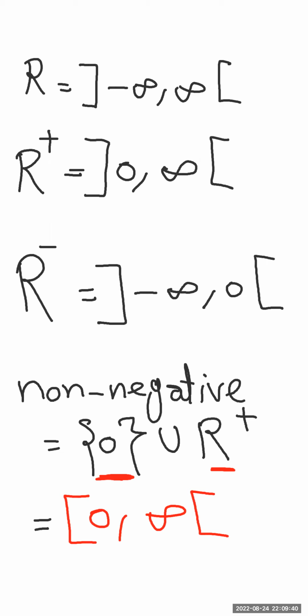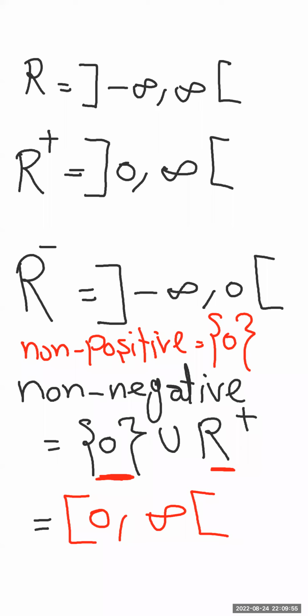What about the non-positive? It's also 0 union negative real numbers, correct? So 0 is included in the non-positive and the non-negative, of course, because we said that 0 is non-positive and also non-negative.